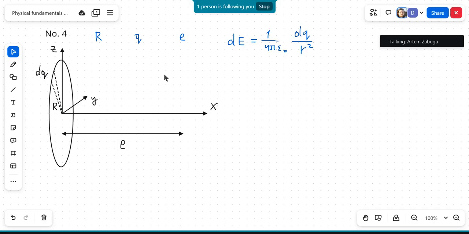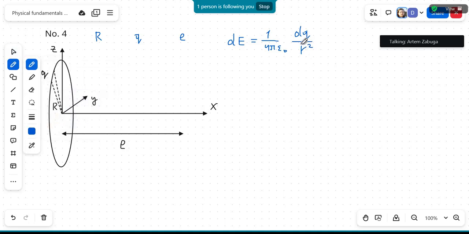But how to use this to find the electrostatic field intensity of the whole ring? No ideas. Okay, but what else?